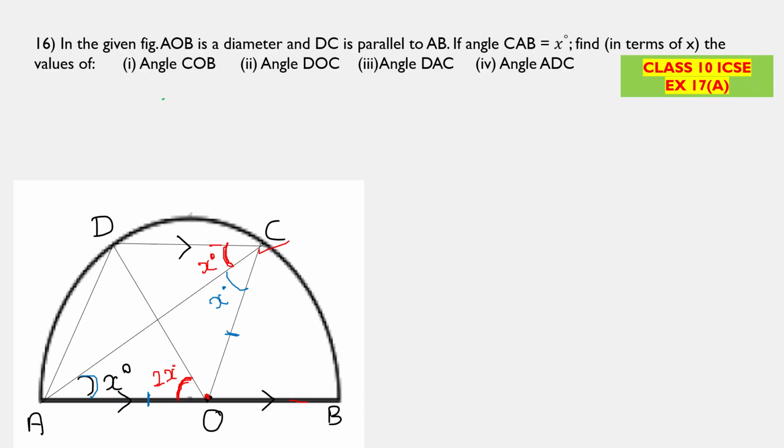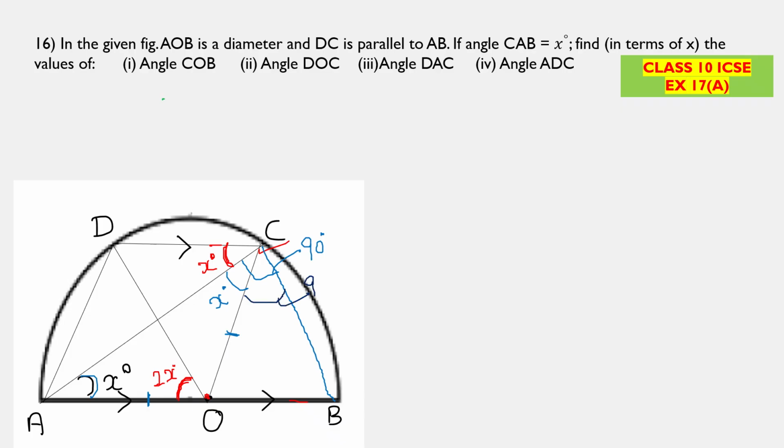And what else do we have? I can now join C and B with a straight line. Why am I joining this? We know one property: the angle subtended at the circumference by the diameter of the circle is going to be 90 degrees. So we can mention this ACB as 90 degrees. But we already know ACO is x degrees and together with this, ACB is 90. So can I mention this half as 90 minus x?